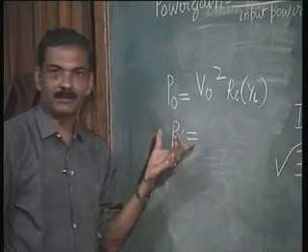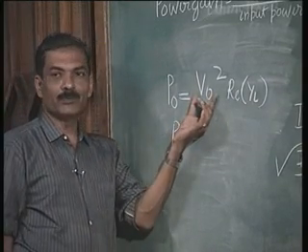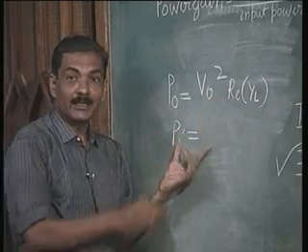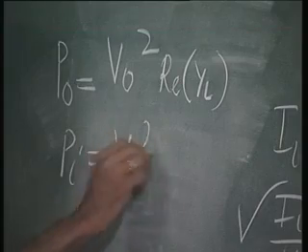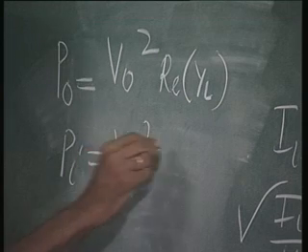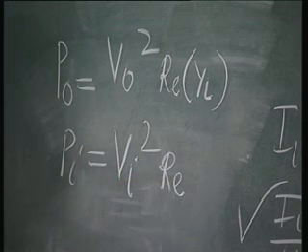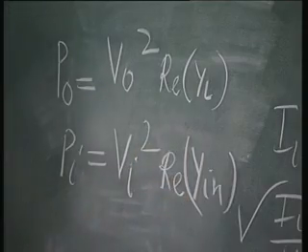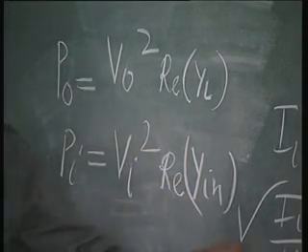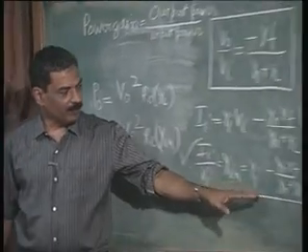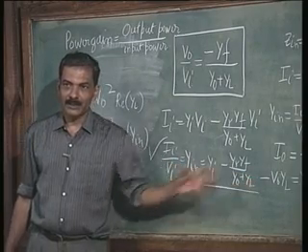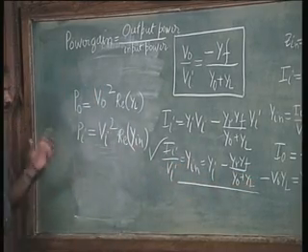You can now easily see this is input voltage squared into real part of Y in, which is already evaluated. It is the real part of this that you have to take in order to find out what the actual power inputted is.